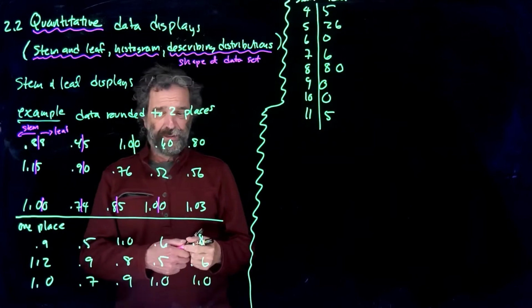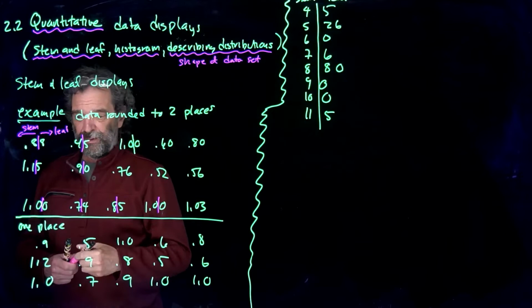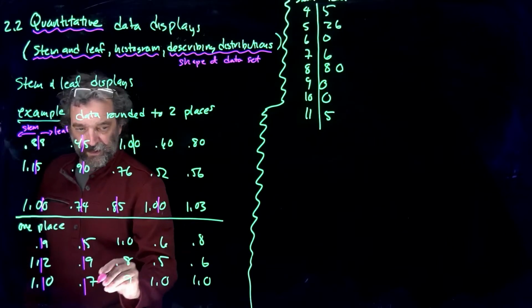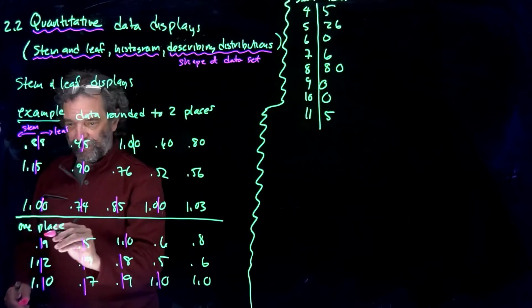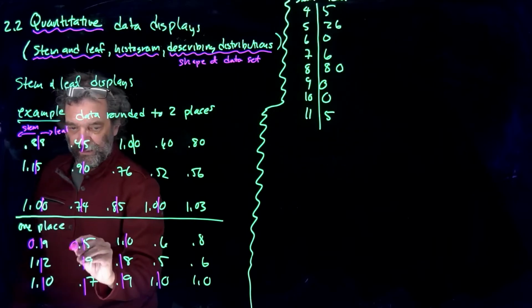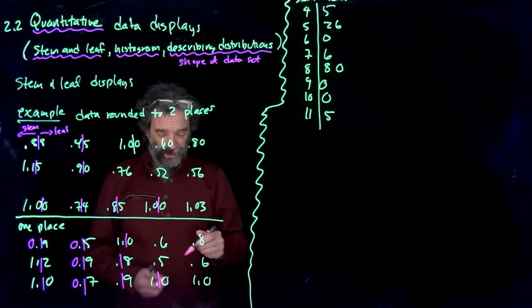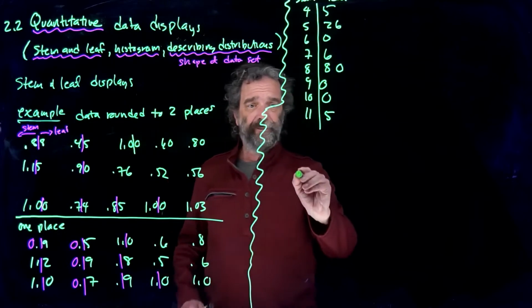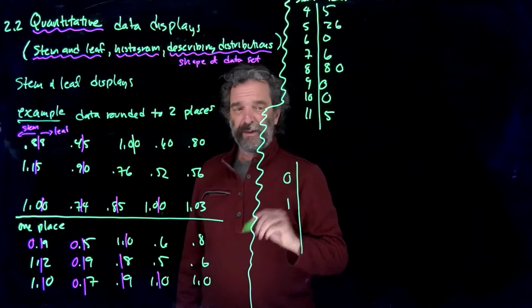We'll try rounding it to 1 place. We do the same thing. We go over here, we extract that single digit, and then we look on the left. We're thinking these numbers over here are really zeros. Like that. And then we do the same strategy. We put the stems on this side, and then we put the leaves on the other side.